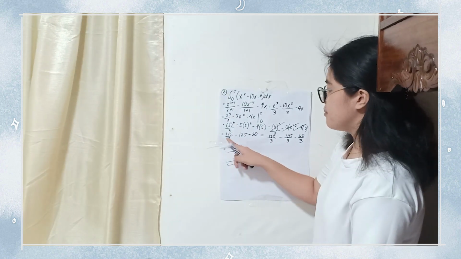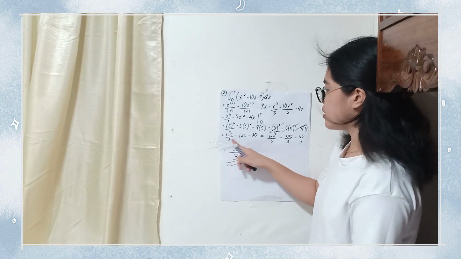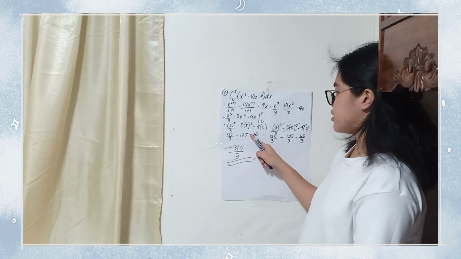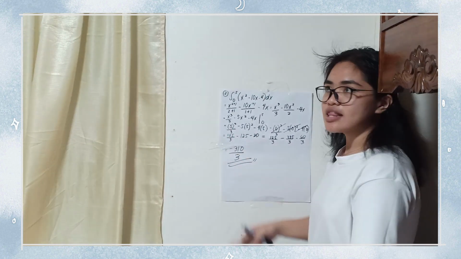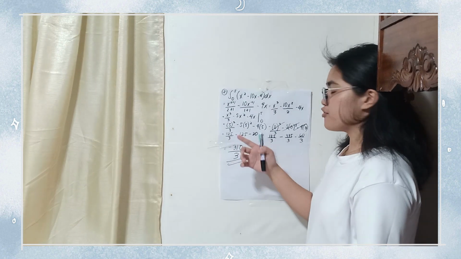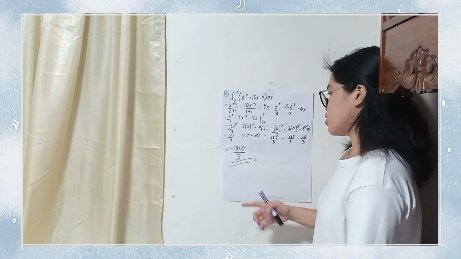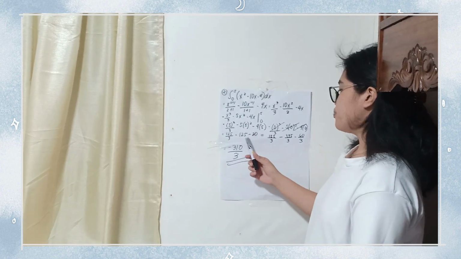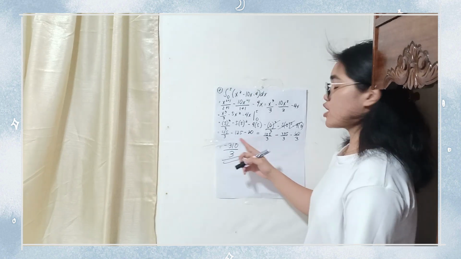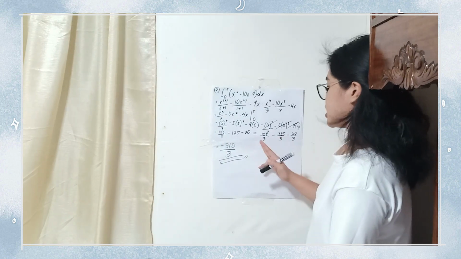So it will become 125 over 3 minus 125 minus 20. We cannot subtract these if they are not in the same denominator. So we're going to use the common denominator, which is 3.